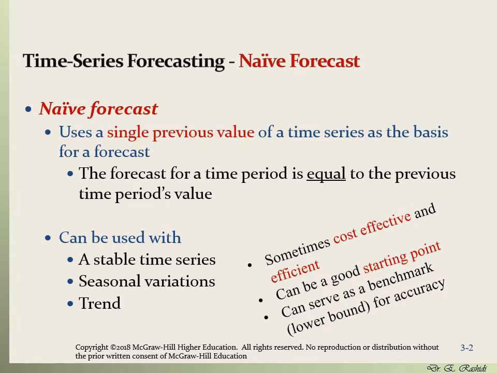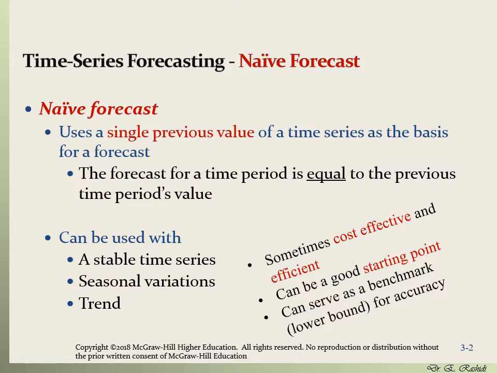Another reason that you would like to justify the use of naive forecasting is that, suppose that you have a complicated and complex forecasting technique. That doesn't necessarily mean that it's good because it's complex.